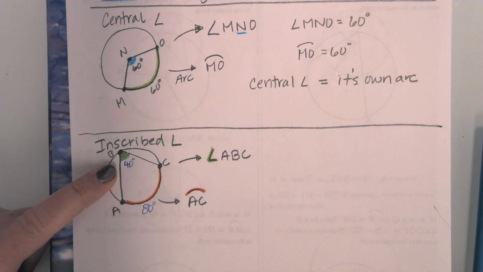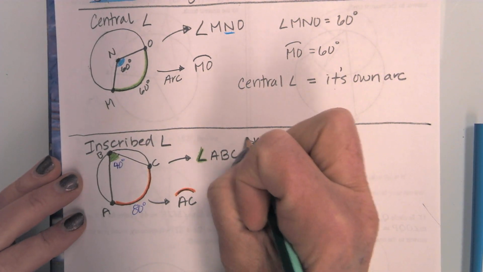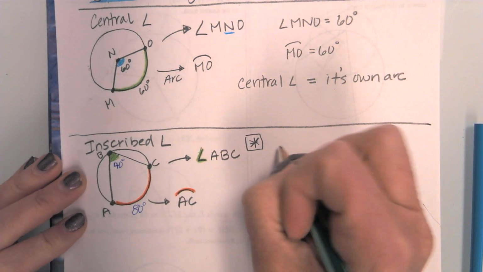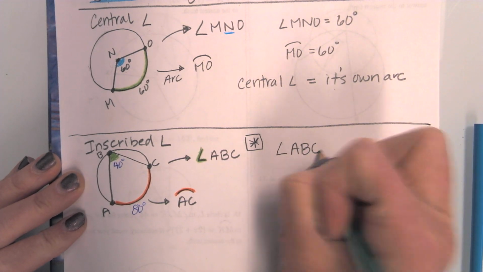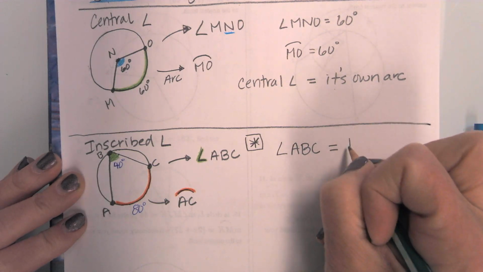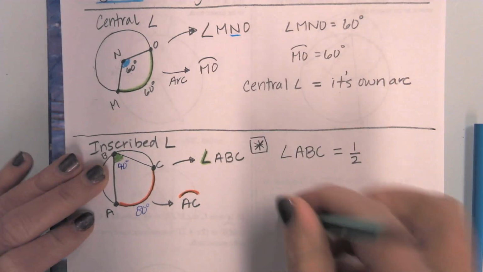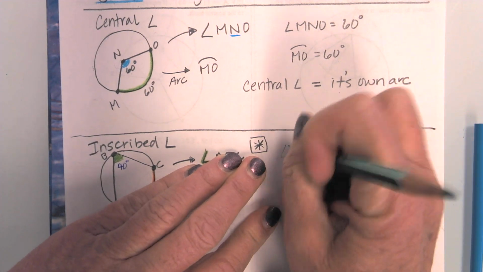So we're going to go ahead and write that over here. So we have 2 different ways to write this. Okay, way number 1. We know that the angle is going to be equal to half of the arc. You know what? Let me go ahead and let's go back and do this. Let's make it generic first. Okay.